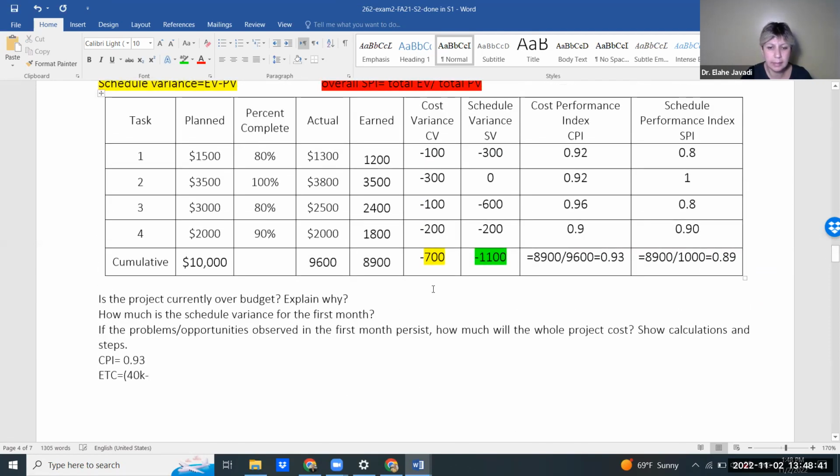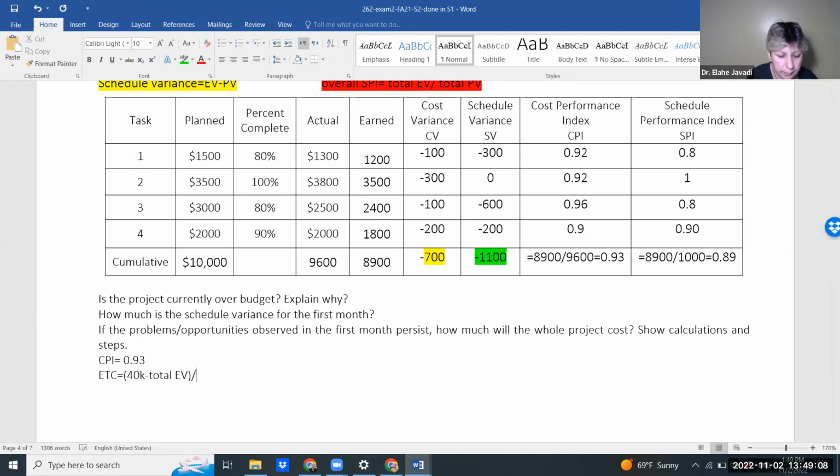That's the total EV so far. How much is that? Are you able to see it? I'm not hearing you, Lauren. So that's the total EV so far. So that'd be 8,900, right?